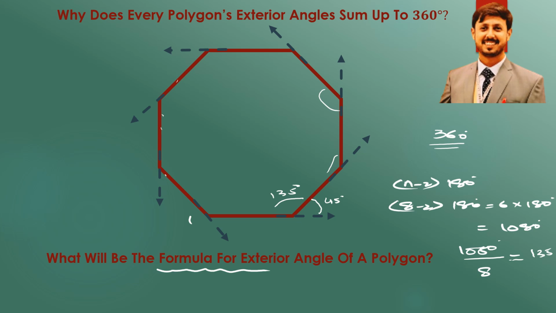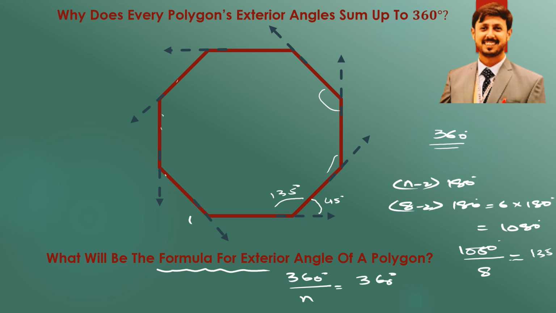From the previous proof, we came to know that all of these exterior angles sum to 360 degrees. So to find each exterior angle, we need to divide 360 degrees by the number of sides of the polygon, so that we can get the value of each exterior angle. For example, in this case, the number of sides is 8.